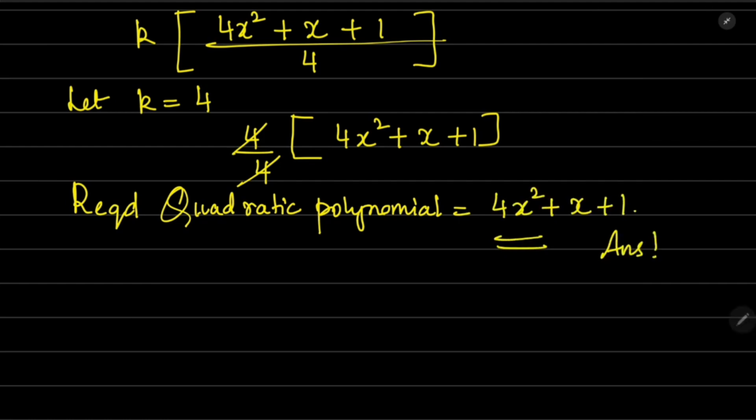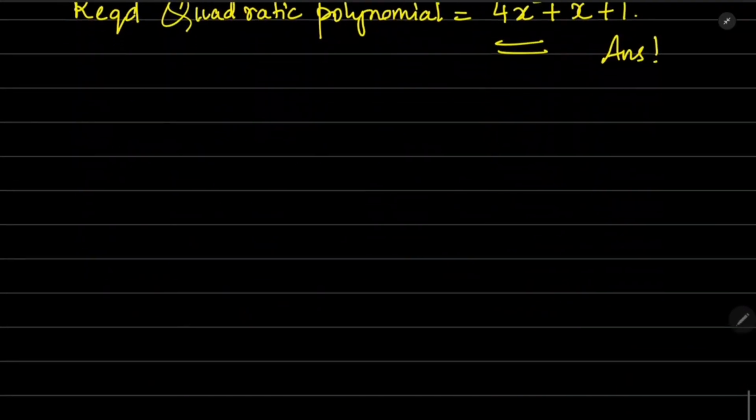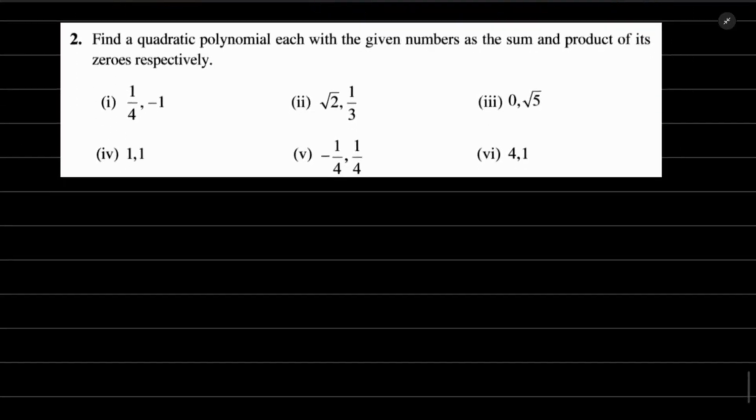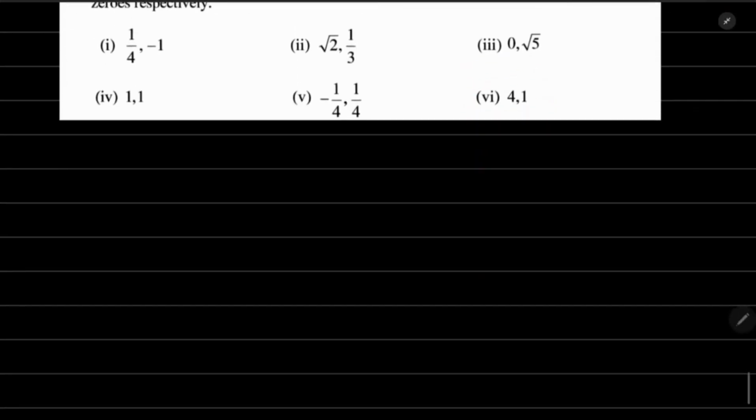Okay, now let's do the last problem. So this is nothing but the fifth problem, right? Let's do the sixth one. Sixth one is 4 comma 1, right? 4 and 1. So what is the sum of the zeros? It is 4. Product of the zeros is 1.